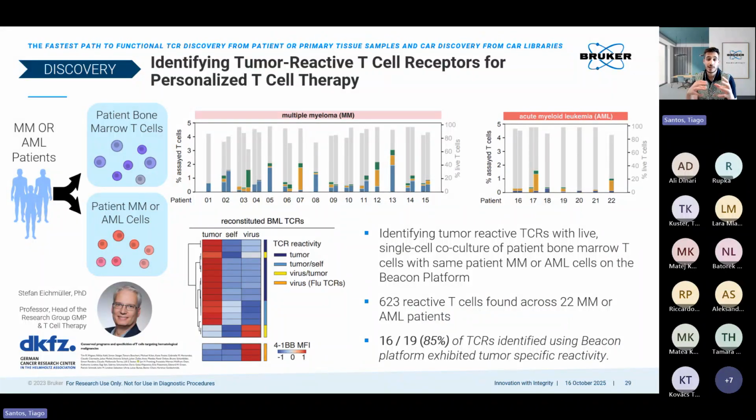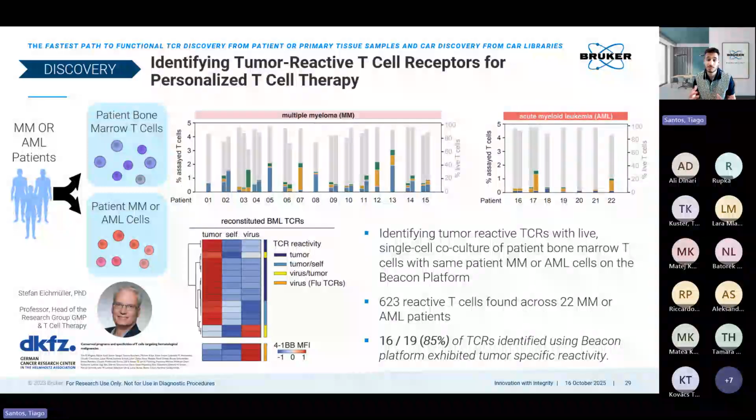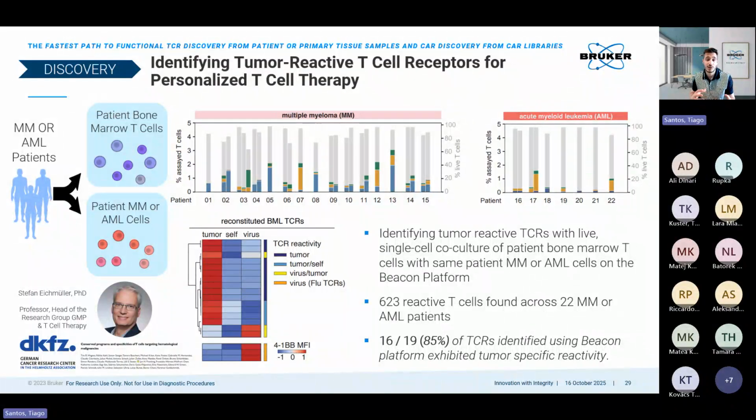So he split the sample, of course, going once again to the nanopens. And in each of these nanopens, he loaded a patient bone marrow T cell together with the target cell, the patient cancer cell. And then evaluated killing capacity, contact between the cells, and cytokine secretion. And throughout the 22 patients, it's listed here, he detected 623 reactive T cells.